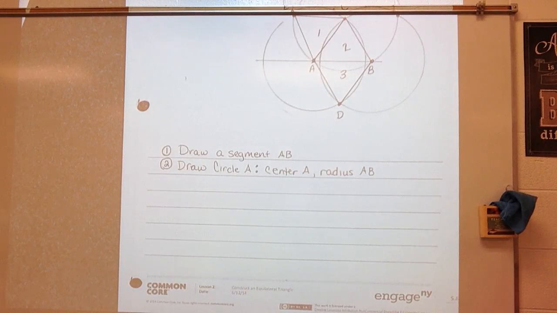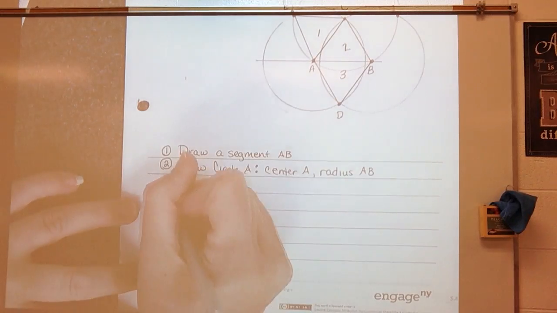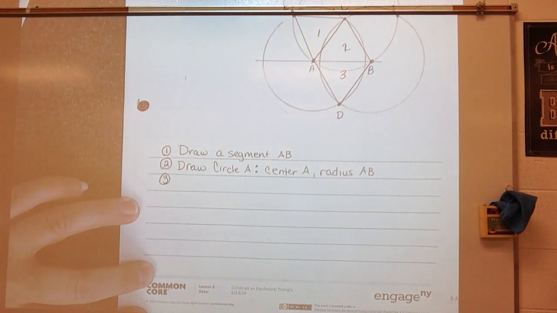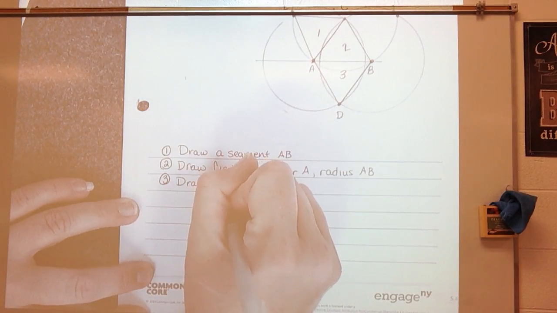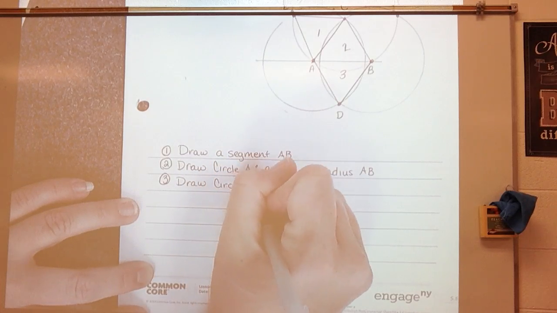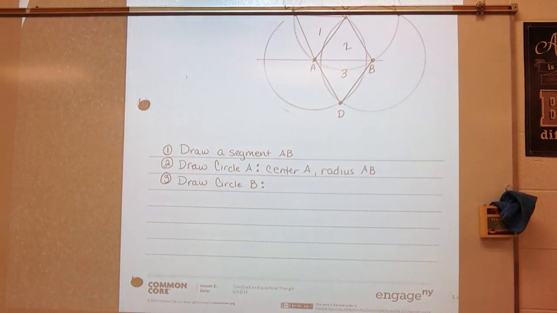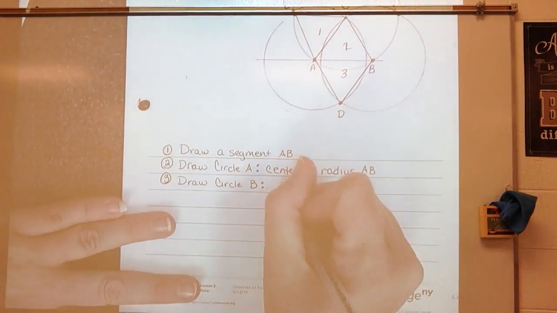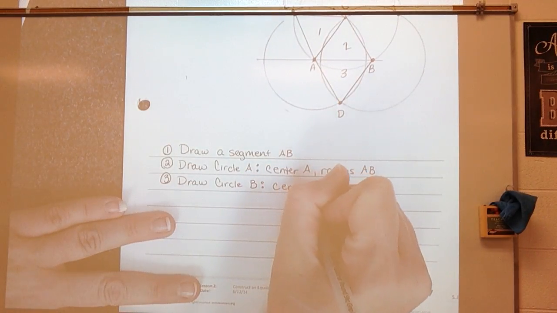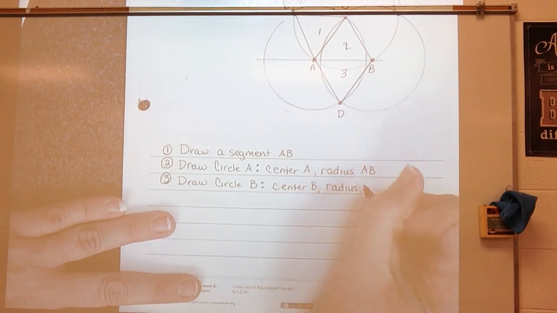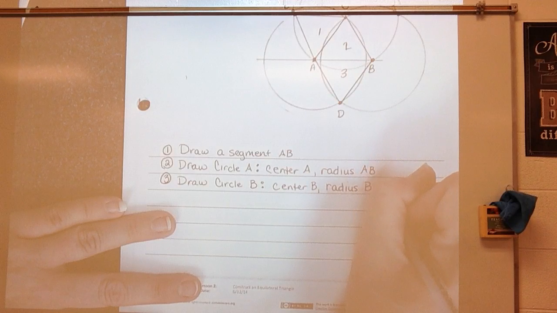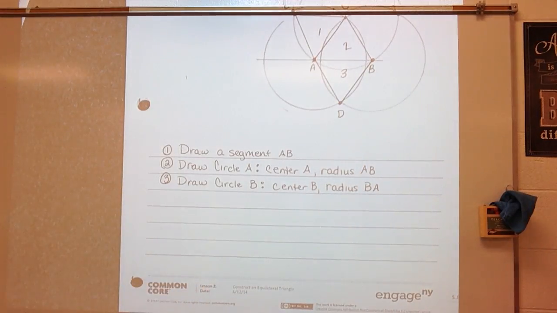That tells me that my circle has a center of A, that I drew around point A. Step number 3, we draw circle B. Once again, that is center B, and it had a radius of BA. Remember, they're interchangeable.